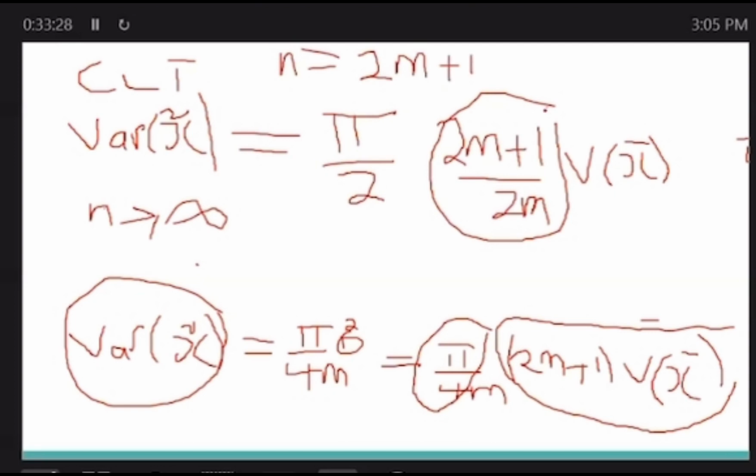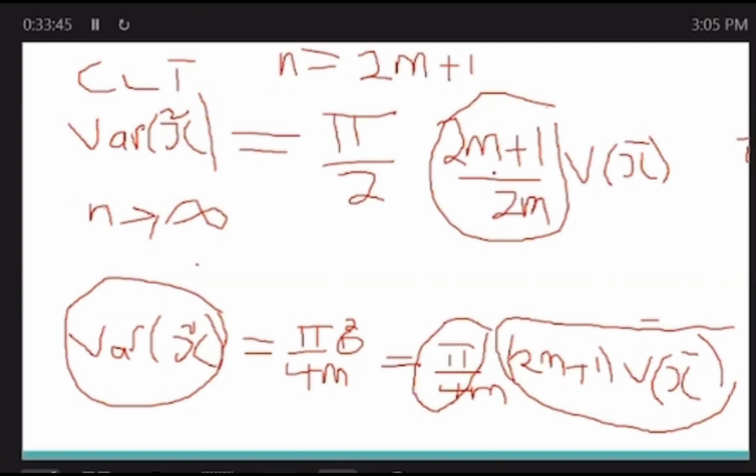Now, I want to apply that limit of infinity on 2m plus 1 over 2m. Can somebody tell me what it's going to become? If m tends to infinity and I have 2m plus 1 over 2m, what is it going to become?